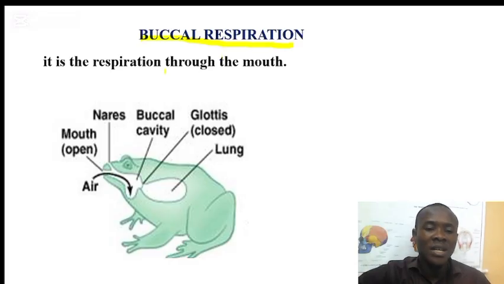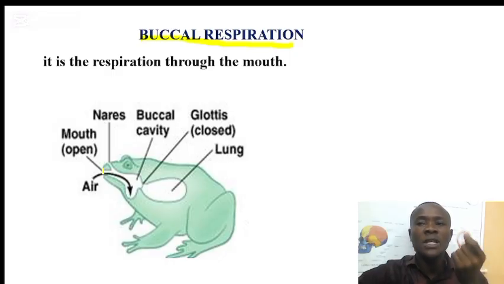Now let's start how it is being done. The mouth will be closed while the nostril will be open, and the toad will lower the floor of the mouth so that air will rush into the mouth. Now, when the air gets into the mouth, oxygen will be diffused into the blood vessels that are found around the mouth, and carbon dioxide will be taken out into the mouth.